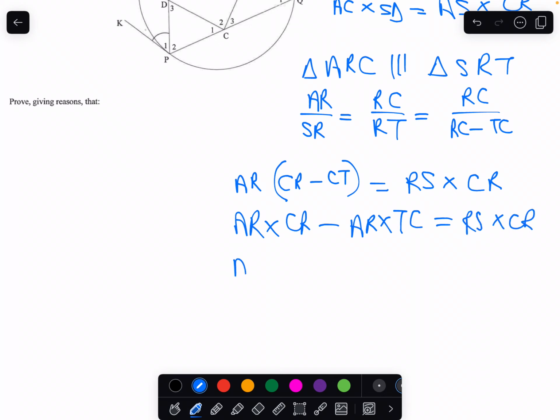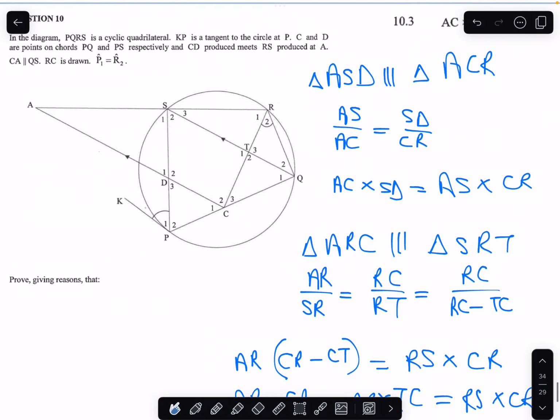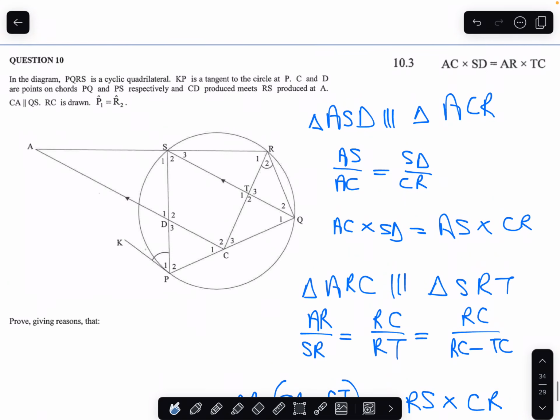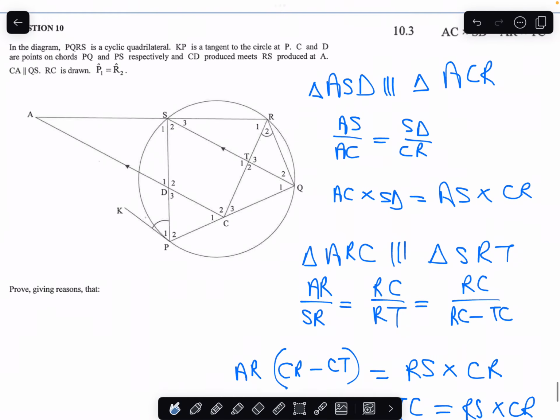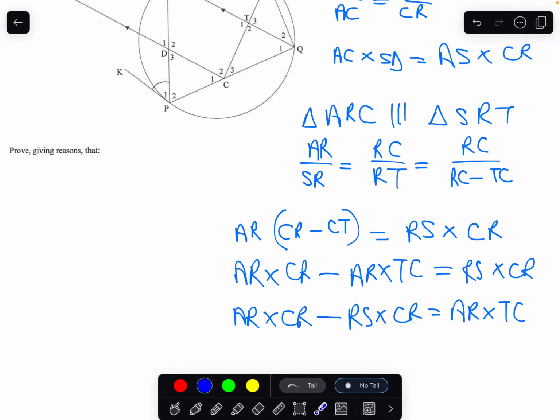So this is the same as AR times CR minus RS times CR, right, is equal to AR times TC. So AC times SD is equal to that, and AR times TC is equal to that.